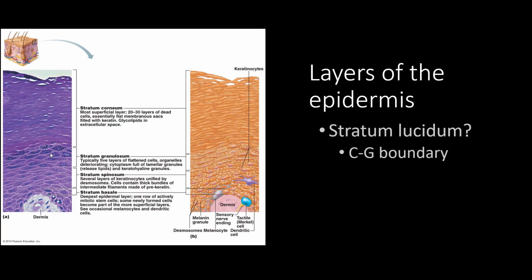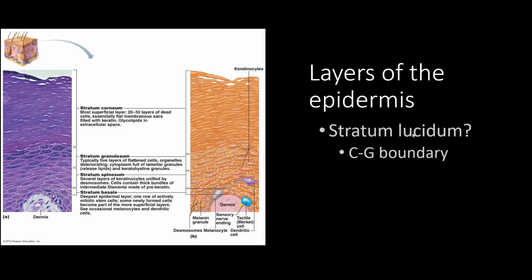But we don't actually see it in this picture. There is another layer. Here between the stratum corneum and the stratum granulosum, there is something called the stratum lucidum. And the stratum lucidum is a clear layer of cells. They are mostly dead, just like the stratum granulosum, mostly dead.